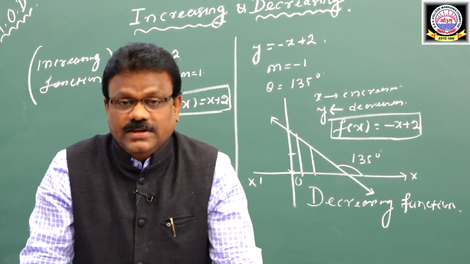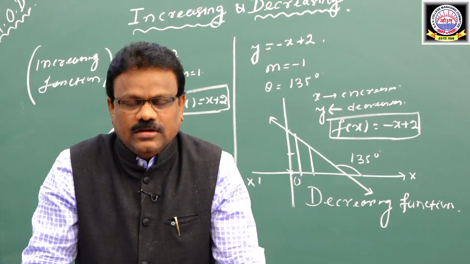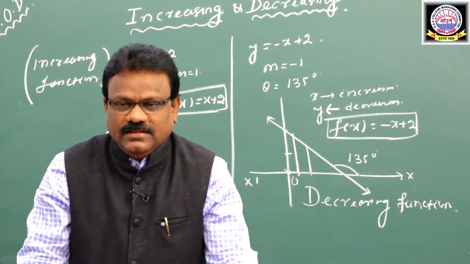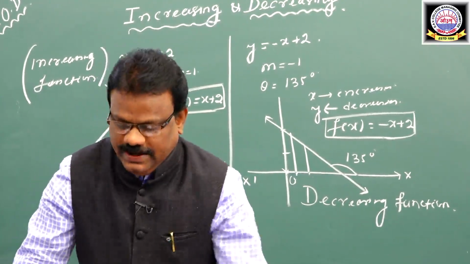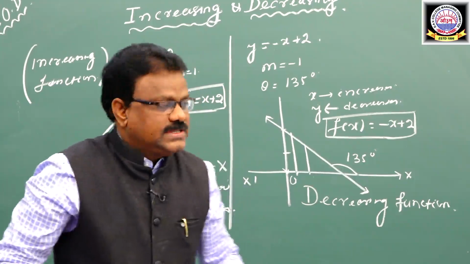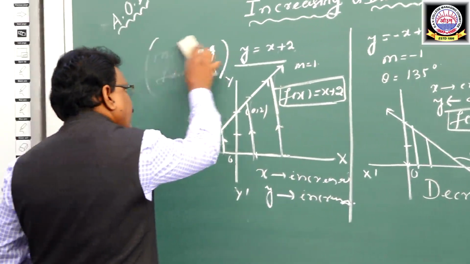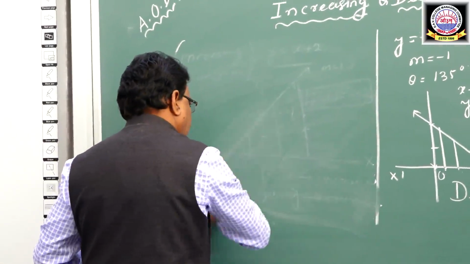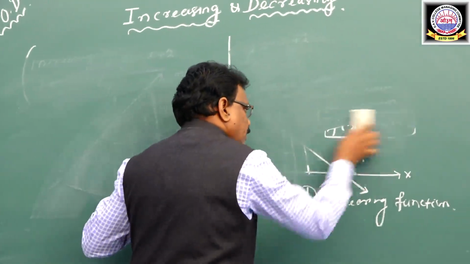If the value of x increases, but the value of y decreases correspondingly, then that is called a decreasing function. So, the example I have cited here is an example of a function increasing throughout the domain and decreasing throughout the domain.